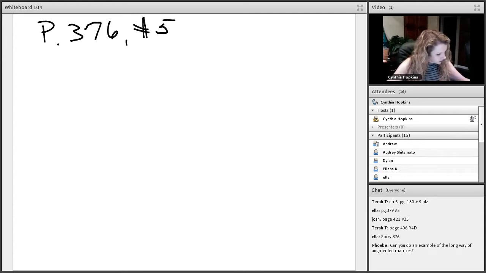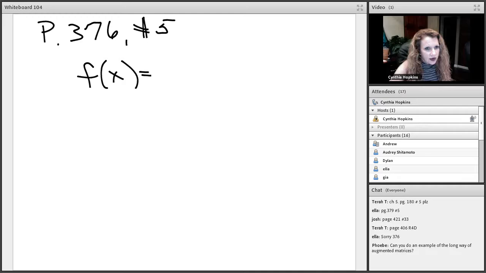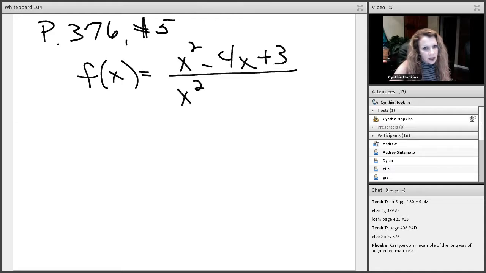All right, so this says find the values of x which must be excluded from the domain, then tell which feature, an asymptote or removable discontinuity, there will be at each of the excluded values, and then draw the graph. So we have a function f of x given to us. It is not factored. It says x squared minus 4x plus 3, and the denominator is x squared minus x minus 6.